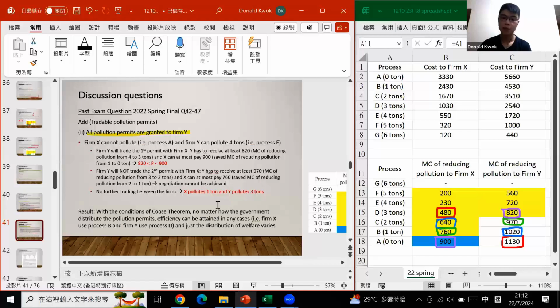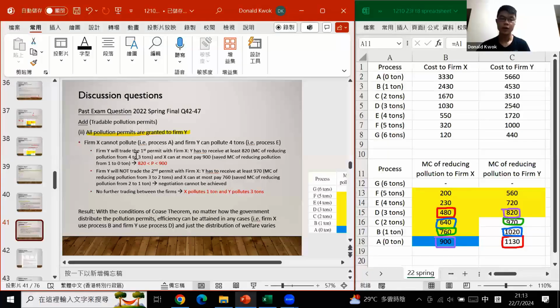Firm X will have one pollution permit and emit 1 ton of pollution, while firm Y would have 3 pollution permits to emit 3 tons. So again, the same result: firm X will end up using process B, while firm Y will end up using process D. The takeaway is that with the conditions of Coase's theorem holding, that is, zero negotiation costs and clearly defined property rights over who has the pollution permits, efficiency can be attained, just that the distribution of the welfare would differ.